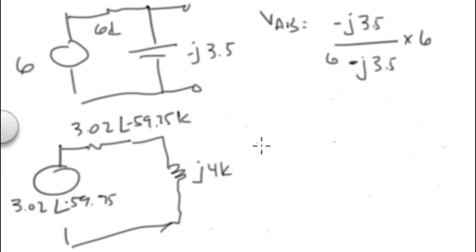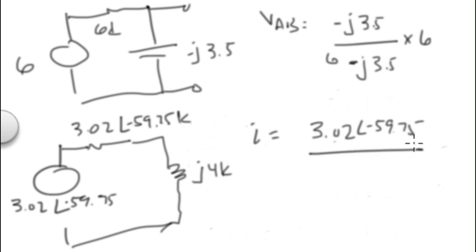This is a K here as well. Okay, so now we have 3.02 at minus 59 and J4K, and we've got 3.02. So we're asking what is the I? I is equal to 3.02 at angle minus 59.75 over this whole thing, which is 3.02 at angle minus 59.75 plus J4K.